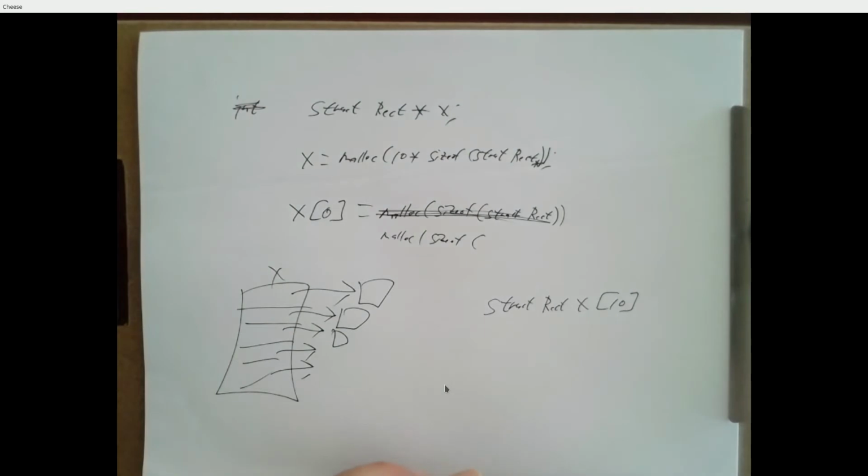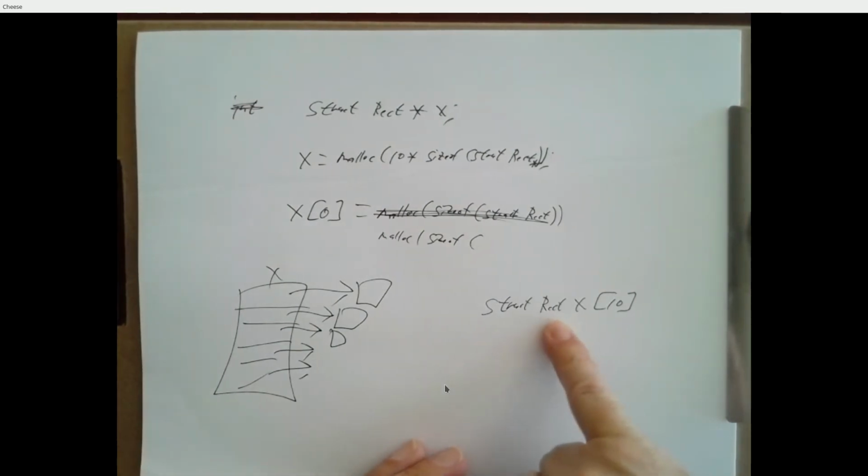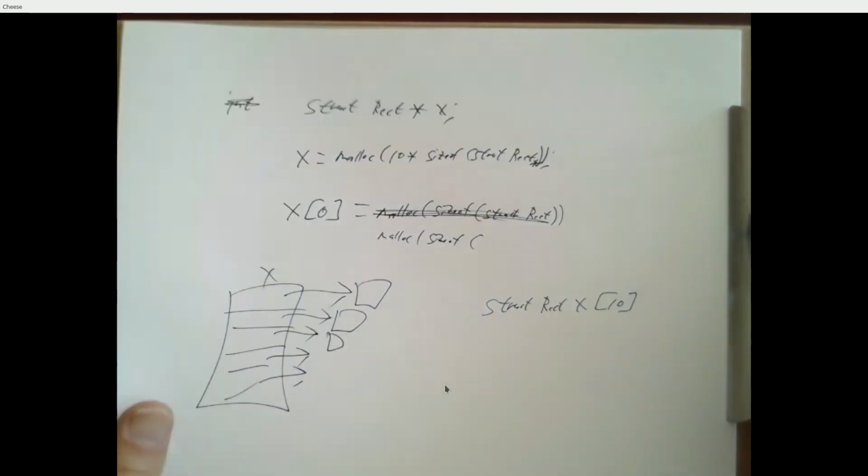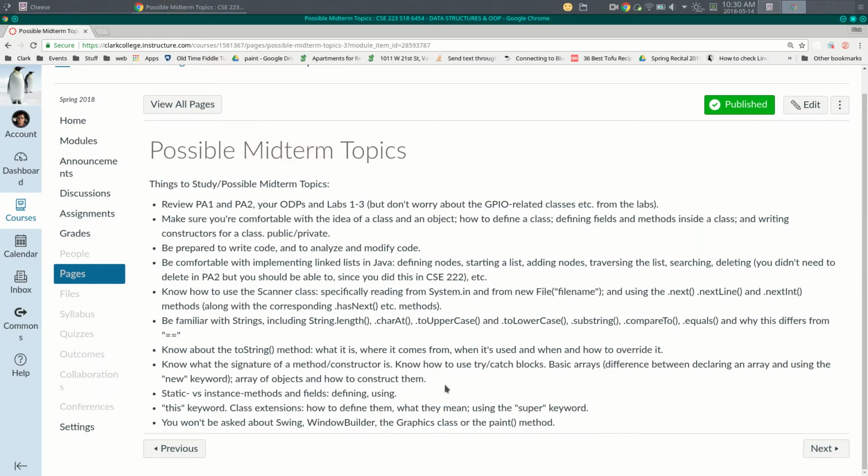That's going to put them side by side in memory, right? And it's the size of this rectangle that's going to be the jump from one to the next. All right, so that's all. Do all that and you're good to go.